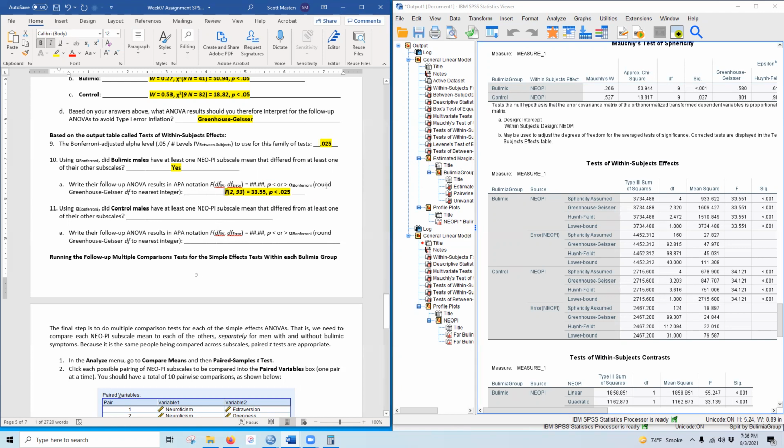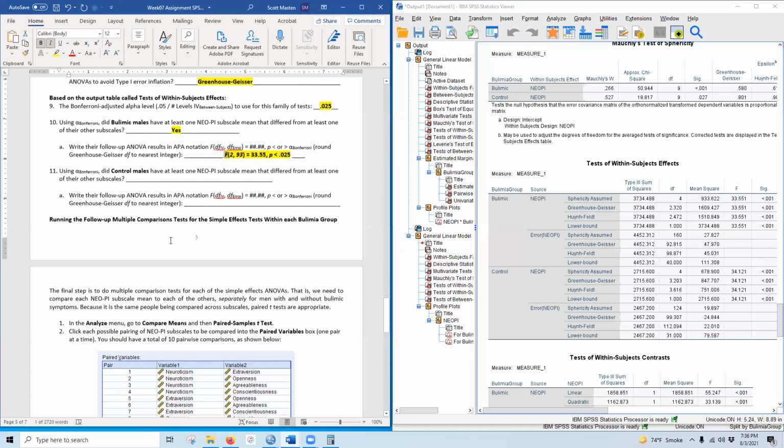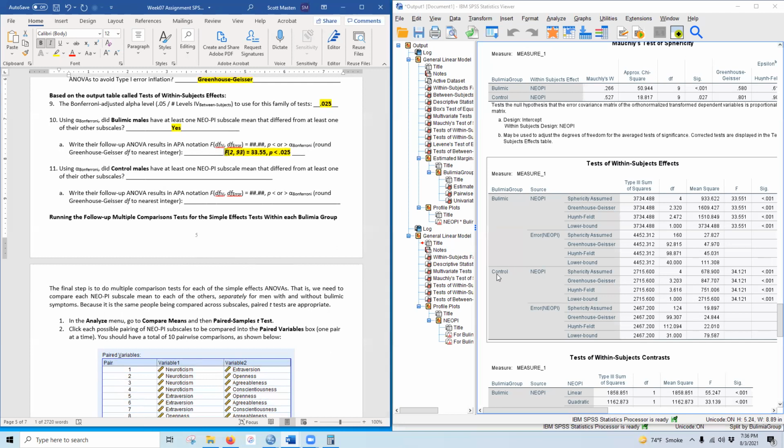So how about control males? Did at least one of their subscales differ from at least one of the others? Control males, Greenhouse-Geisser is less than 0.025. So indeed, the answer again is yes. So, not surprising, write up an APA notation. Let me copy this over there. All right, we have an F with 3 and 99 degrees of freedom.